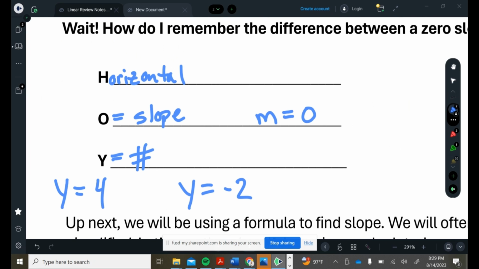Y equals any number is always going to be a horizontal line, and it's going to have a slope of 0. Oh, and let me not forget, just a reminder, what does a horizontal line look like? Straight, flat line, left to right, not going up, not going down. That's our horizontal. So that's what HOY means, right? The HOY is just to help you remember all this information here.